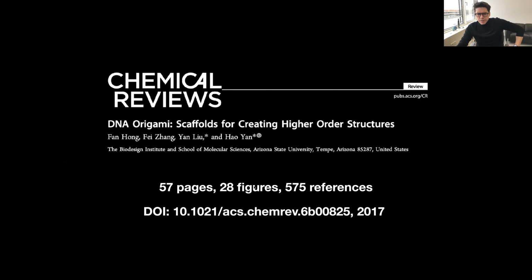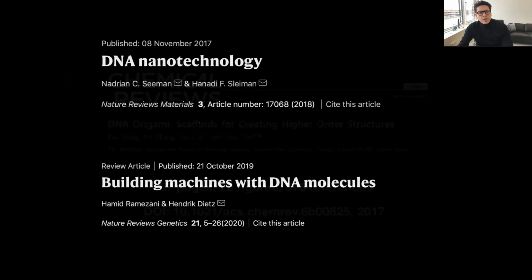It's 57 pages, 28 figures, and almost 600 references. It covers pretty much anything that had been made up to 2017. So it's a good starting point to see the versatility of DNA origami in particular.